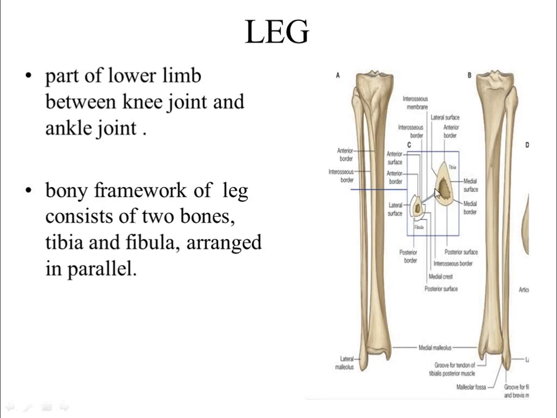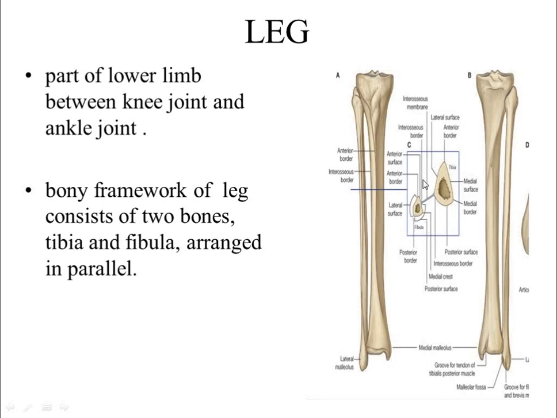So, in between this anterior border and the lateral border is this lateral surface of the tibia. Between the anterior border and the medial border is this medial surface of the tibia, which is subcutaneous. And then between the interosseous border and the medial border is the posterior surface of the tibia.